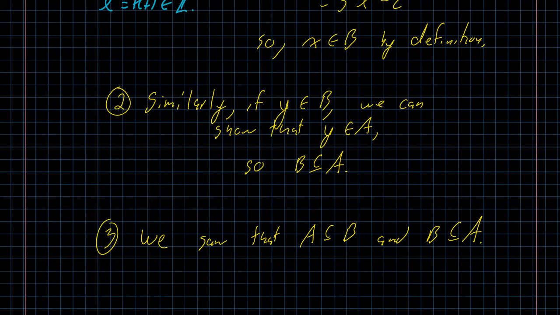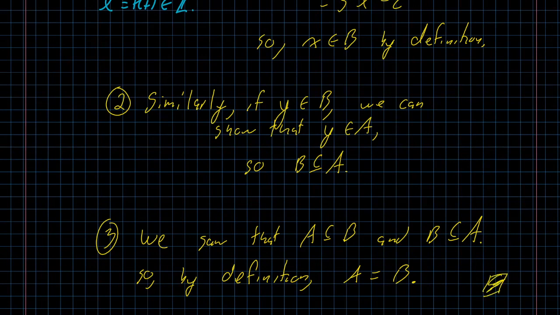We saw that A is a subset of B and that B is a subset of A. And so by definition, set A and set B must be equal to each other. And that closes off that proof.